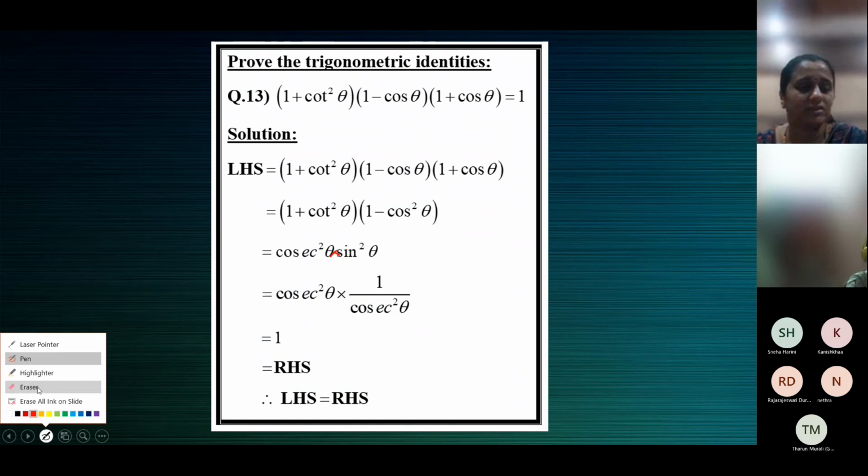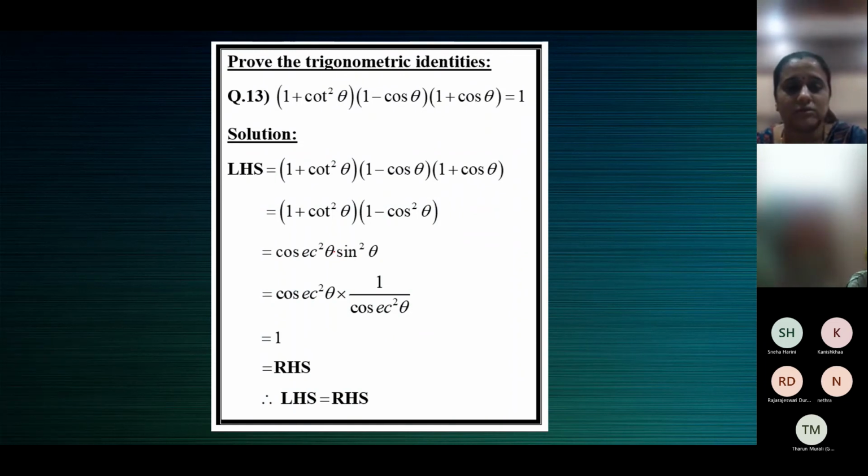You can put a multiplication sign there if you want. This is a minus b into a plus b, which is a square minus b squared.